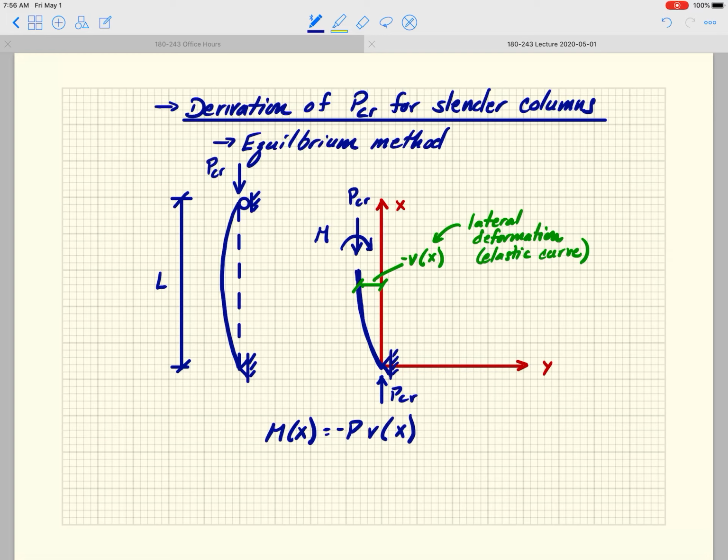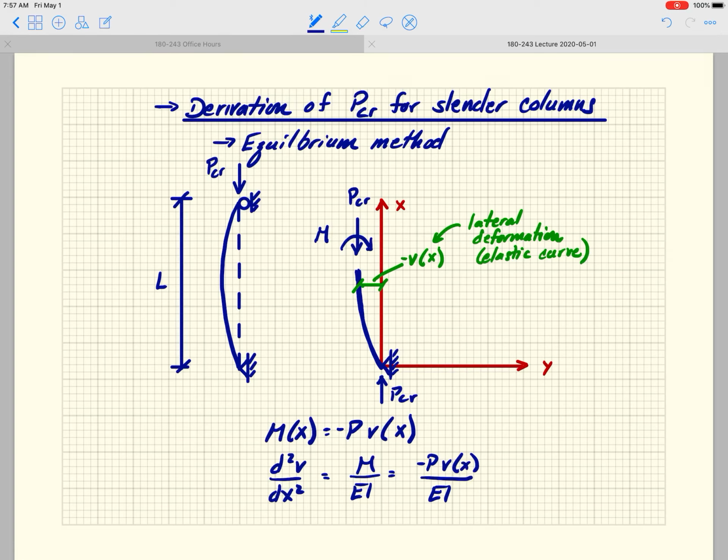And in the middle, where the lateral deformation is the maximum, that's where the moment is also going to be a maximum. So d squared v dx squared is just going to equal moment over EI, and that is going to equal P v of x over EI.